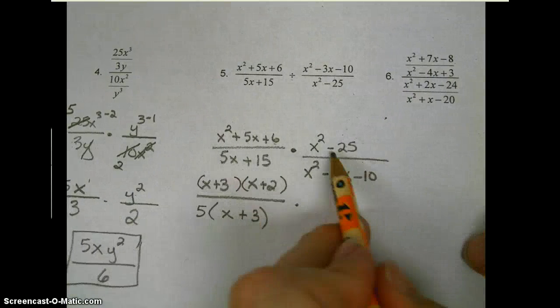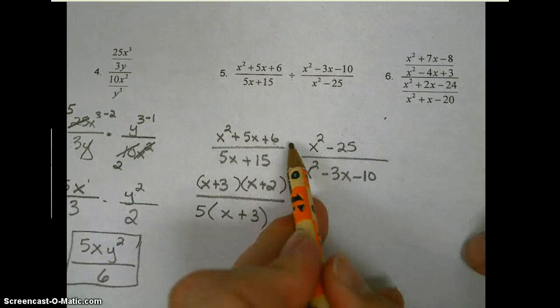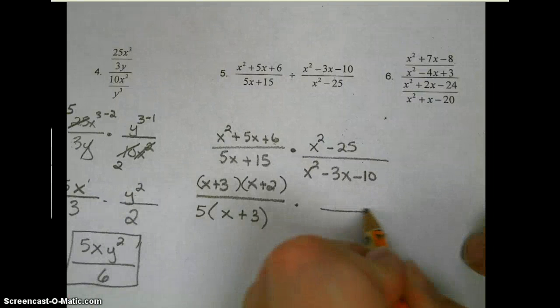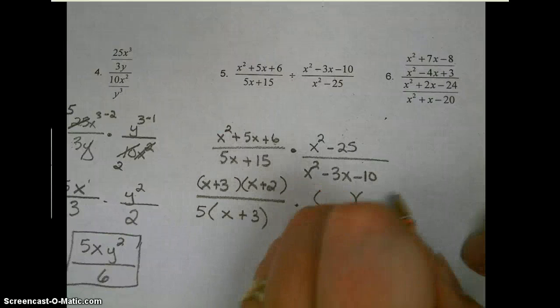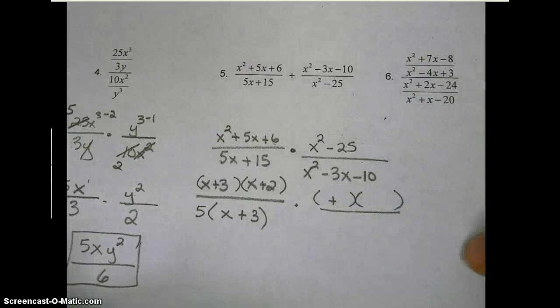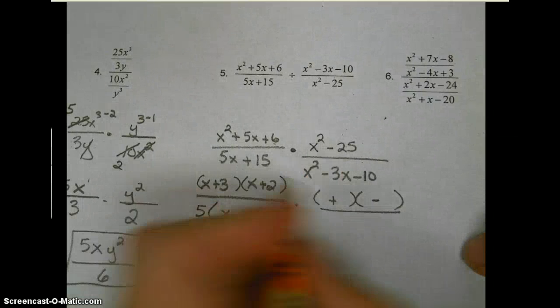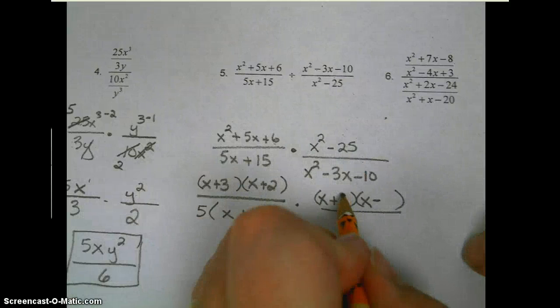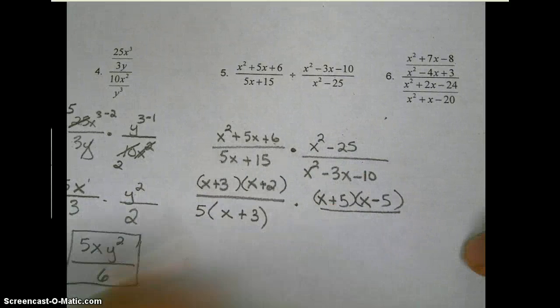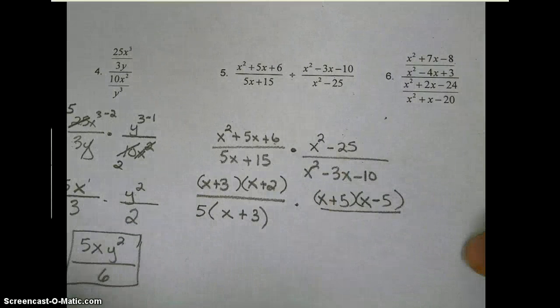Okay? Difference of 2 squares. Do you remember from the other side how to set that up? 1 is plus, 1 is minus. The square root of x squared, the square root of 25. Got to recognize that. Difference of two squares.